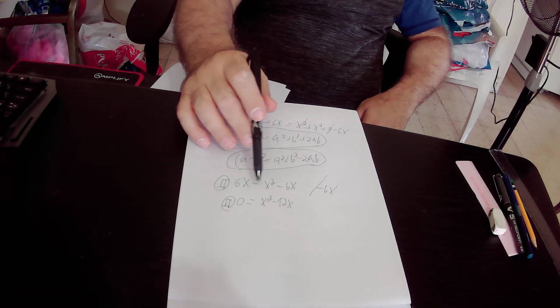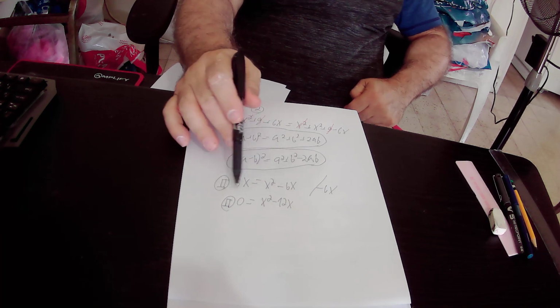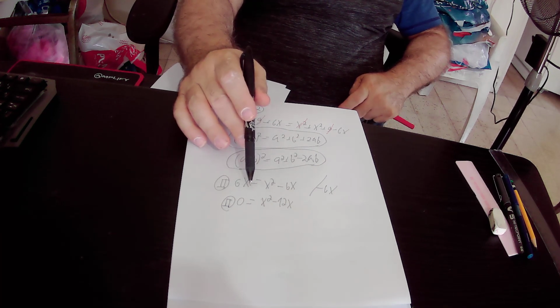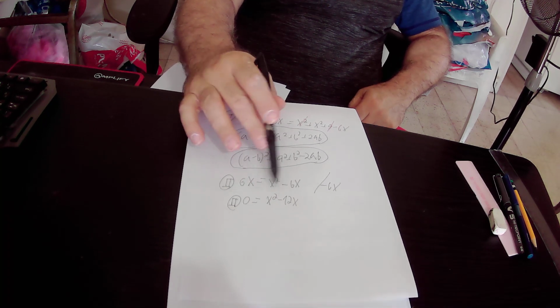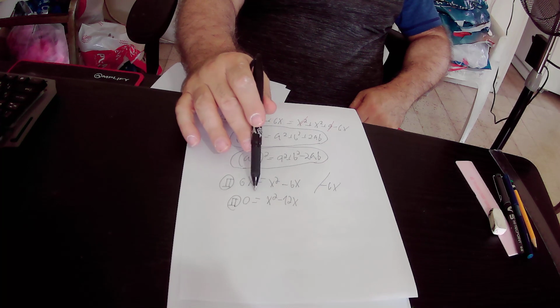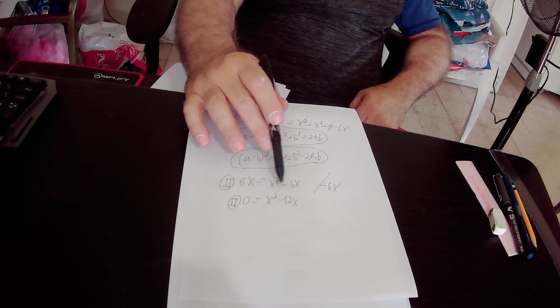So we have this equation number 2. Now we will take a common factor x out of equation number 2.